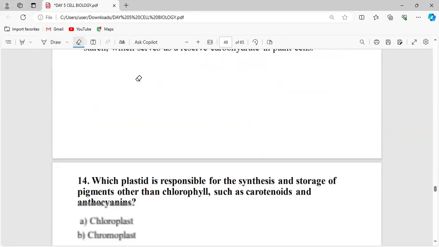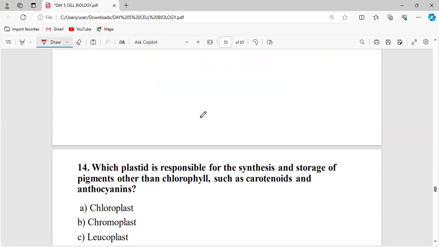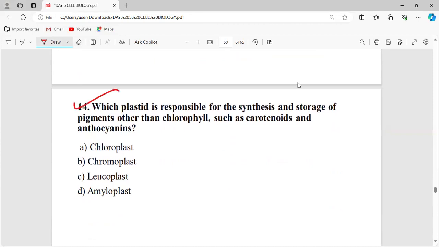Now, the next question. Which plastid is responsible for the synthesis and storage of pigments other than chlorophyll, such as carotenoids and anthocyanins?